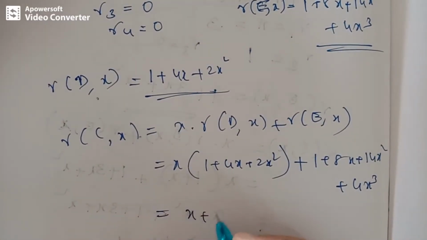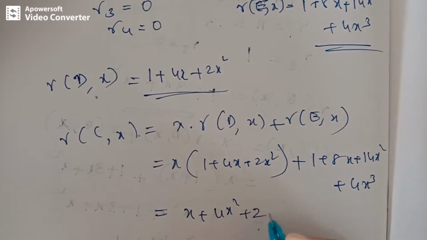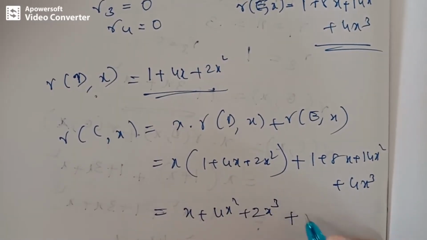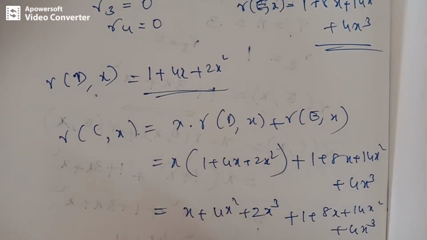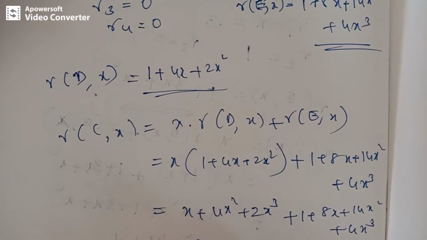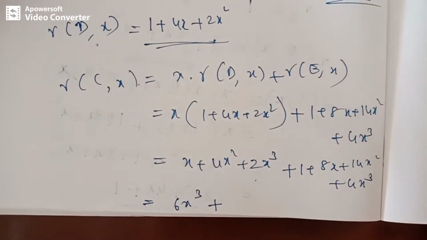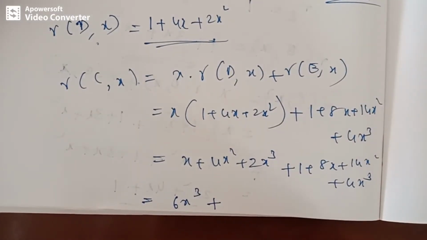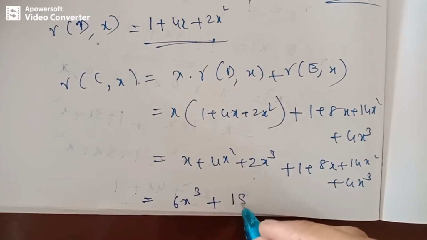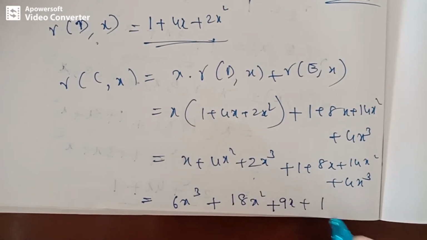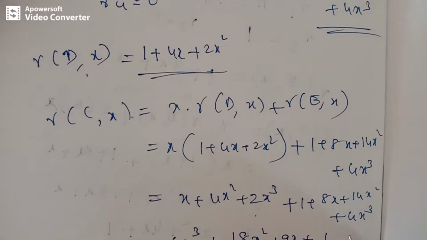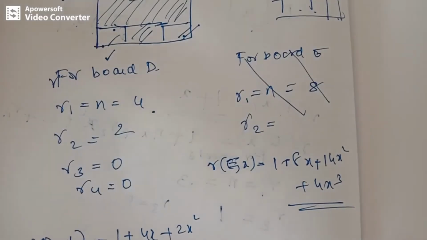Here we get x plus 4x square plus 2x cube plus 1 plus 8x plus 14x square plus 4x cube. So we get 6x cube plus 18x square plus 9x plus 1. Okay, so this is the result of the expansion formula applied to the board.